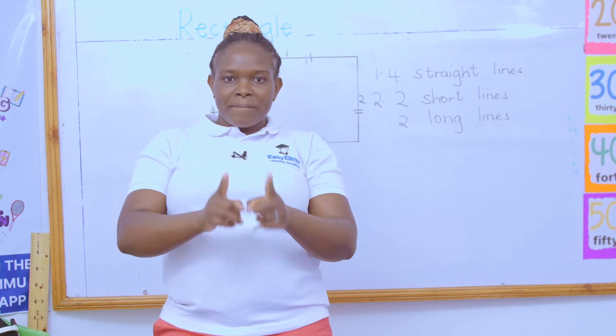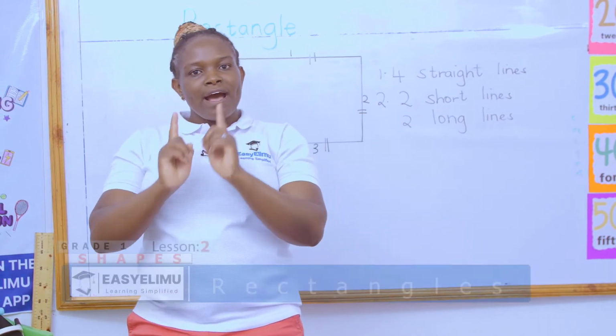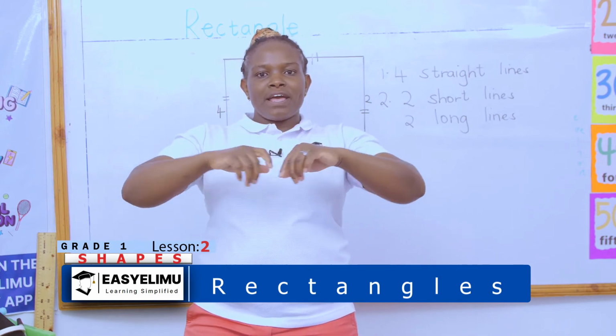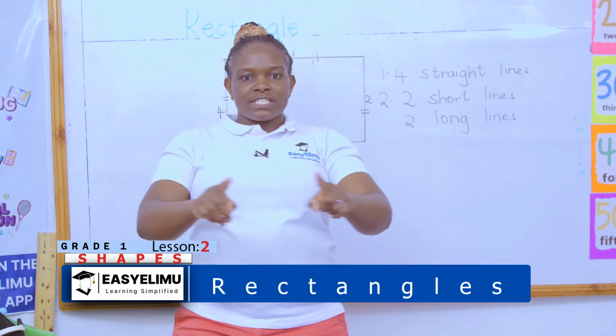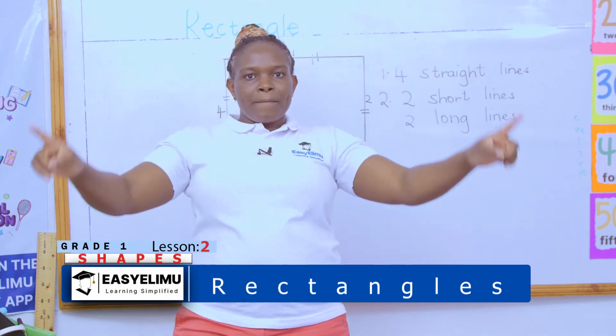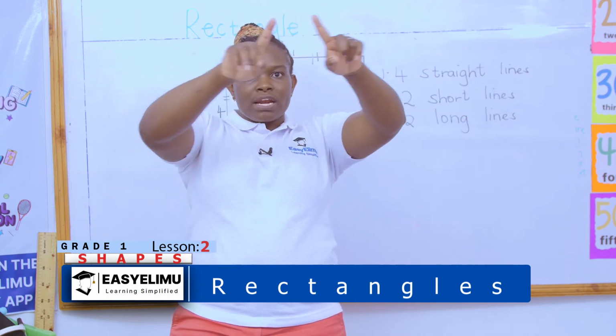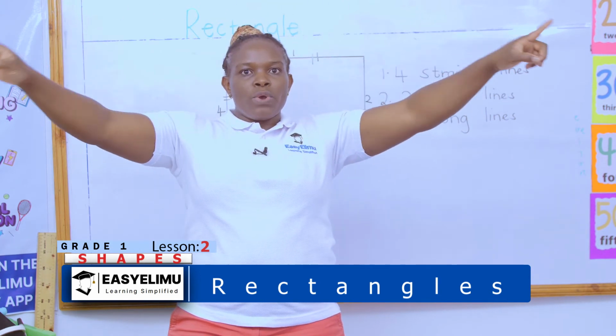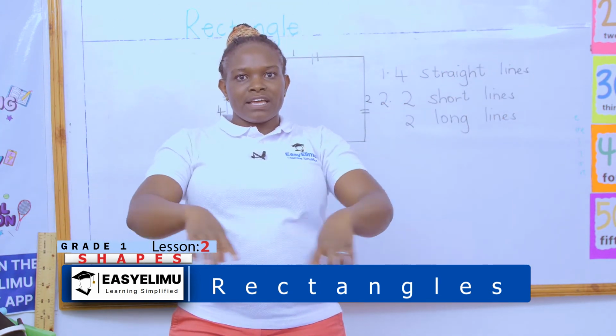Mr. Rectangle, where are you? Here I am, with my 4 sides. So these ones are long. That's why my hand goes very far apart. With my 4 sides again.